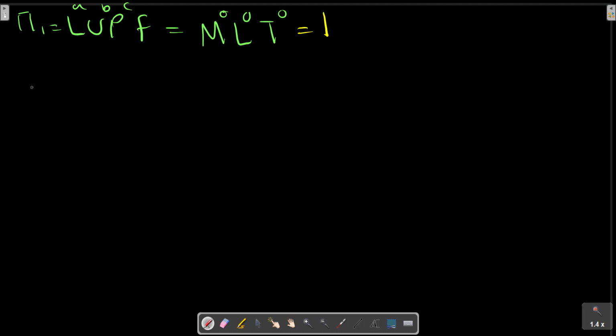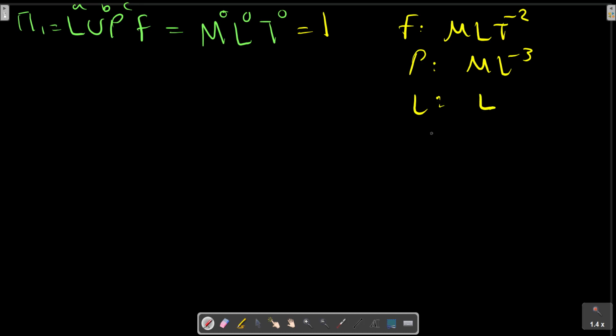So we can write the expression for F. We have MLT minus 2. For rho we have ML minus 3. For U we have LT minus 1. With multiplication we can obtain this relation.